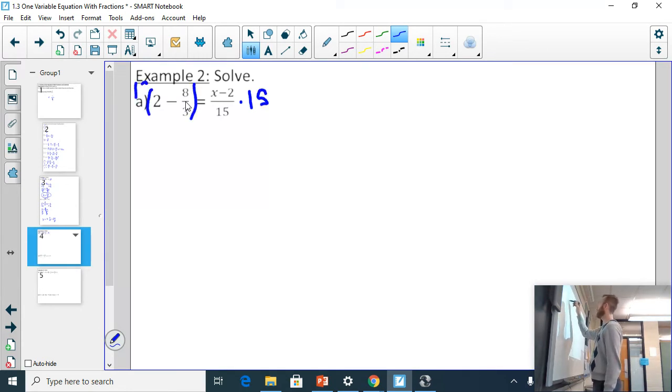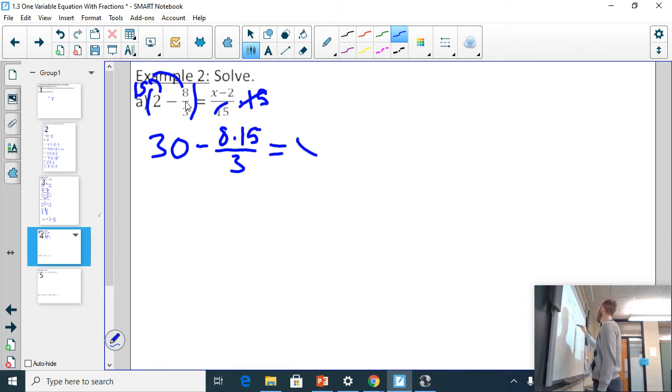And when I multiply both sides by 15, I have to do everything. So 15 times 2 is 30. And then we're going to have minus, and I'll write it like this, 8 times 15 all over 3, and that's from putting that 15 into both of those. And then on the right side, the 15s cancel, and we're left with x minus 2.